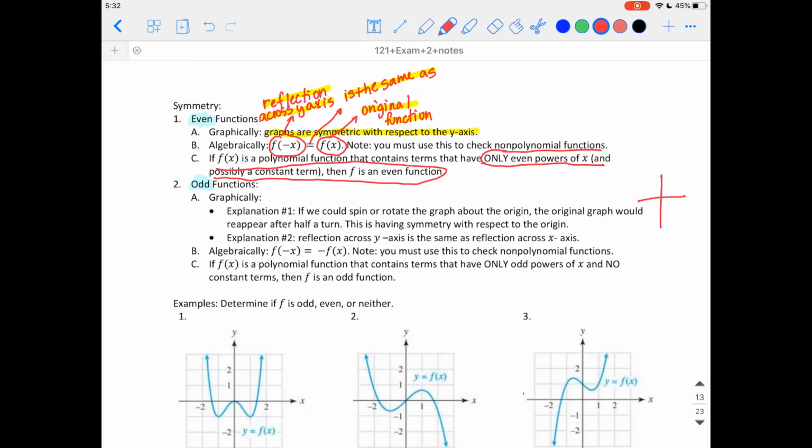For example, like this. If you put it on your sheet of paper, it'd be nice if you did. And if you're going to do a half turn, you could put a mark here. Let me do it a different color.